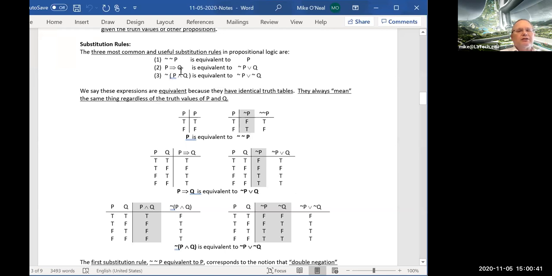So P is sunny day and Q is garden wedding. Now, the word if doesn't appear in that statement, but you can see that on sunny days, weddings are held in the garden roughly translates in English into, if it's a sunny day, then the wedding's going to be in the garden.